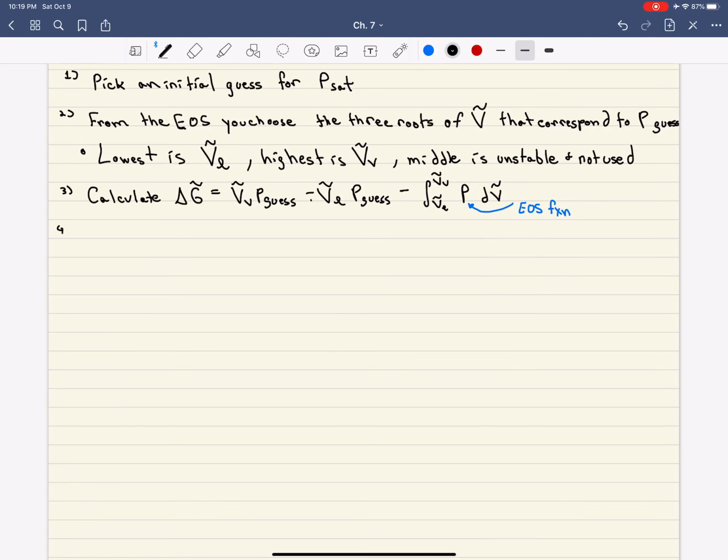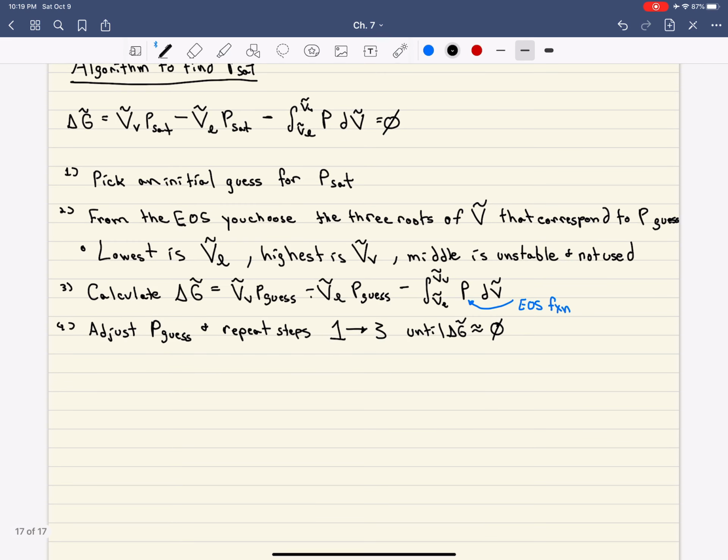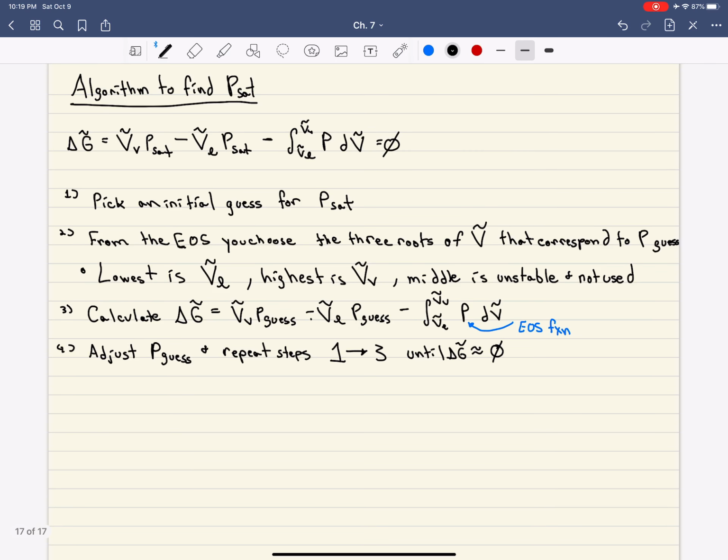But if it isn't, what you then got to do is just readjust your P guess, and then just keep repeating steps 1, 2, and 3 until your delta G is as close to 0 as you like. So these are the 4 basic steps that you need to follow in order to calculate Psat.